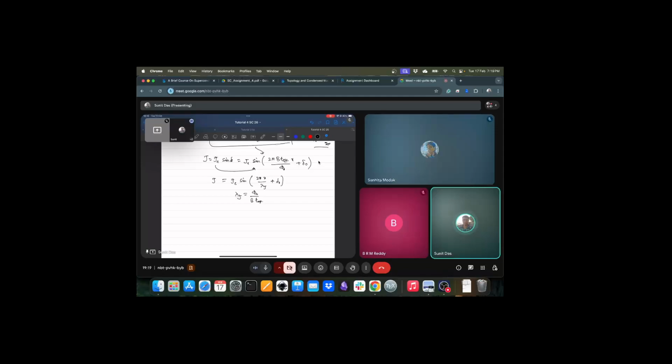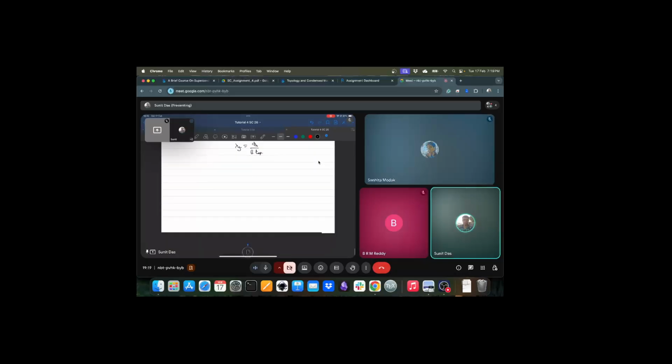Okay, now comes the SQUID part, let's say. So we have the current density.